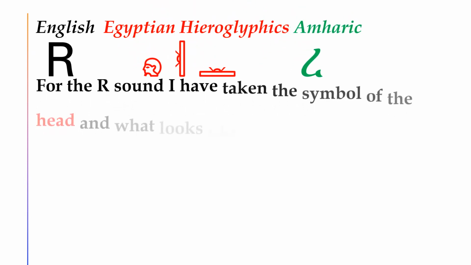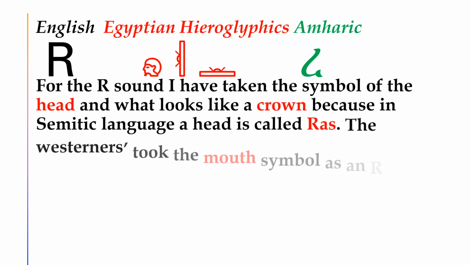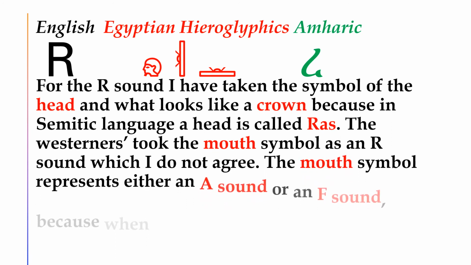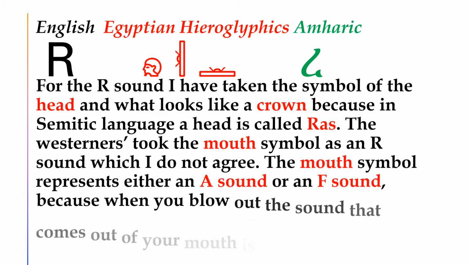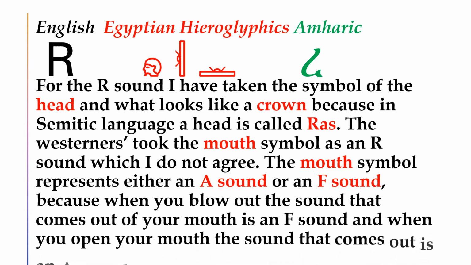For the R letter, from the Egyptian hieroglyphics, I have taken the sign of the head and what looks like a crown. I have taken the head because in Semitic language, head means ras, and it starts with an R sound. You know, the Western scholars take the sign of the mouth as the R sound, but I do not believe that the sign of the mouth is an R sound.